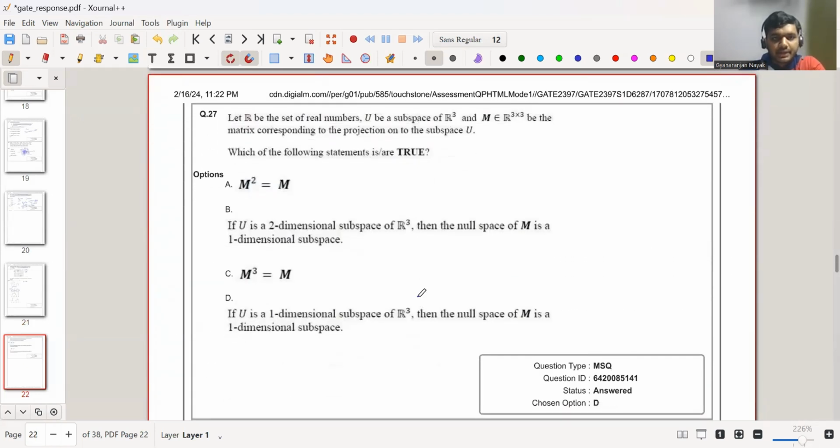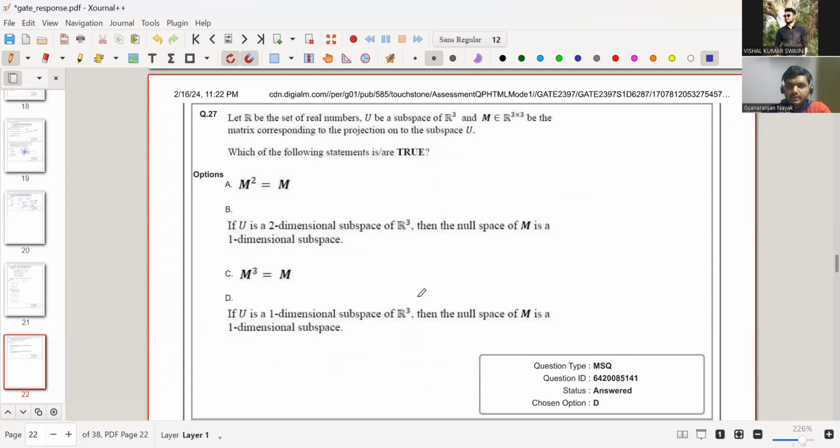27. Let R be the set of real numbers, U be the subspace of R3, and M belongs to R, that is a three by three matrix, be the matrix corresponding to the projection onto the subspace U. Which one of the following statements is true? If you notice all the options, then you find that option A is also correct because M square equals M, and if U is a two-dimensional subspace of R3, then the null space of M is one-dimensional.